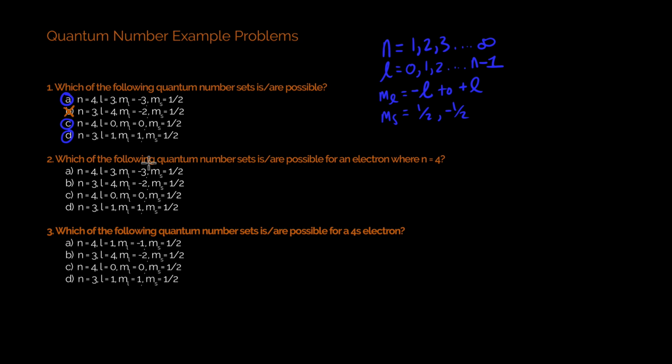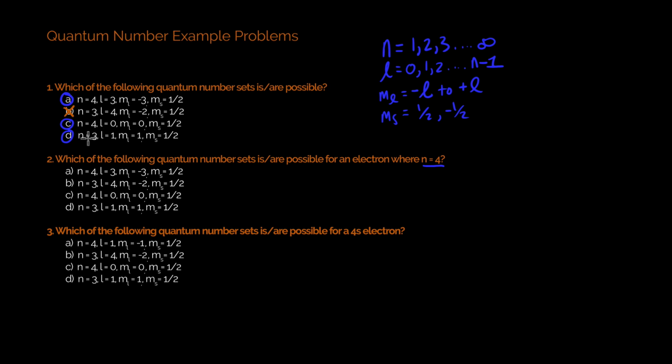But then we go on to a more specific question. So this one is saying, which of the following quantum number sets is or are possible for an electron where n is equal to 4? And so now we need to zero in on these same answer choices, and spoiler alert, we're going to remove one of those answer choices.